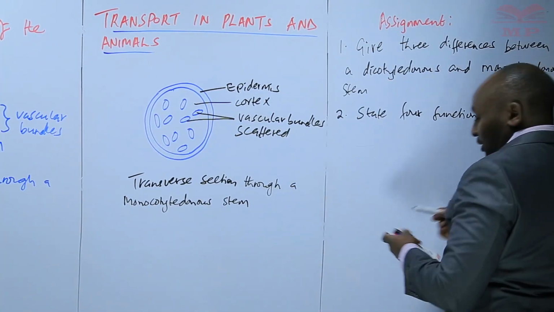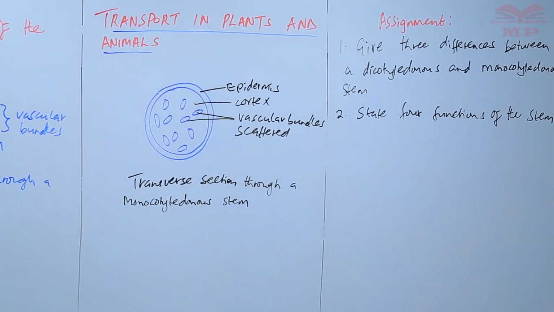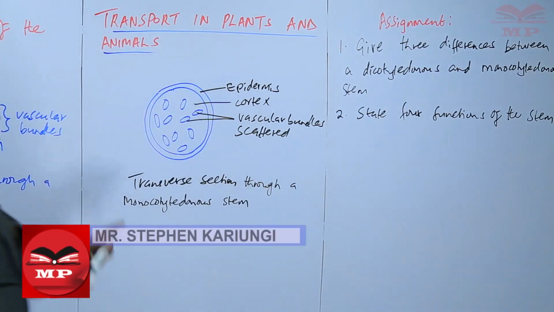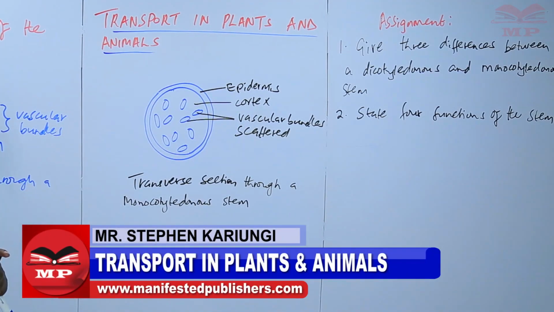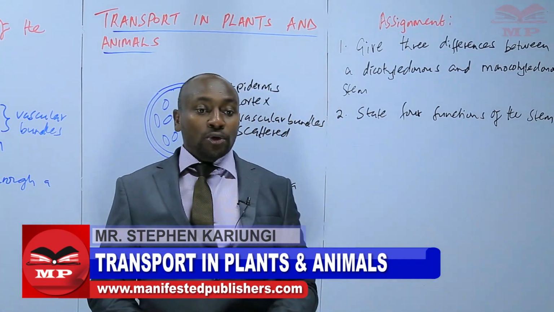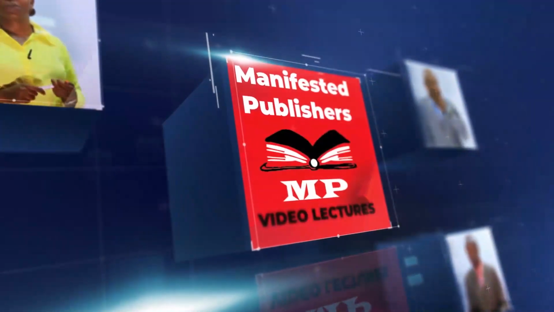So the first question: give 3 differences between a dicotyledonous and monocotyledonous stem. Number 2, state 4 functions of the stem. So we are going to stop there until next time.